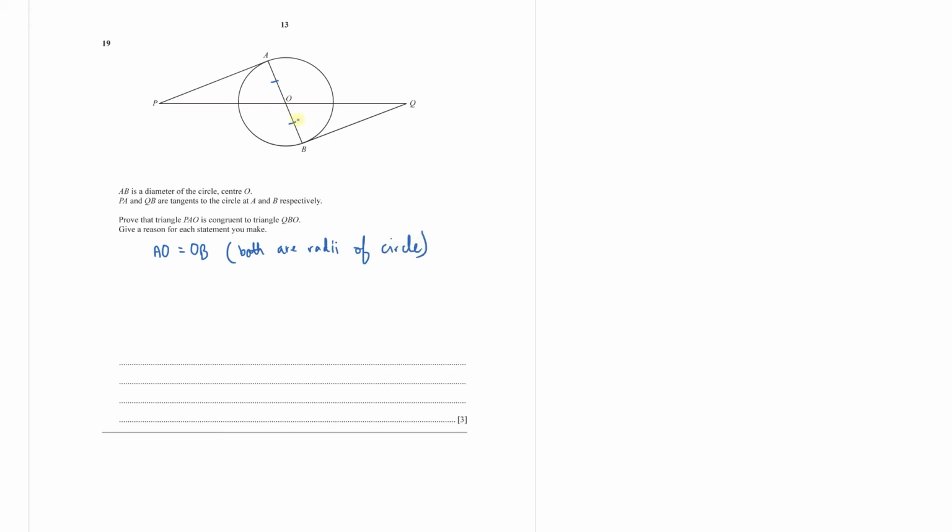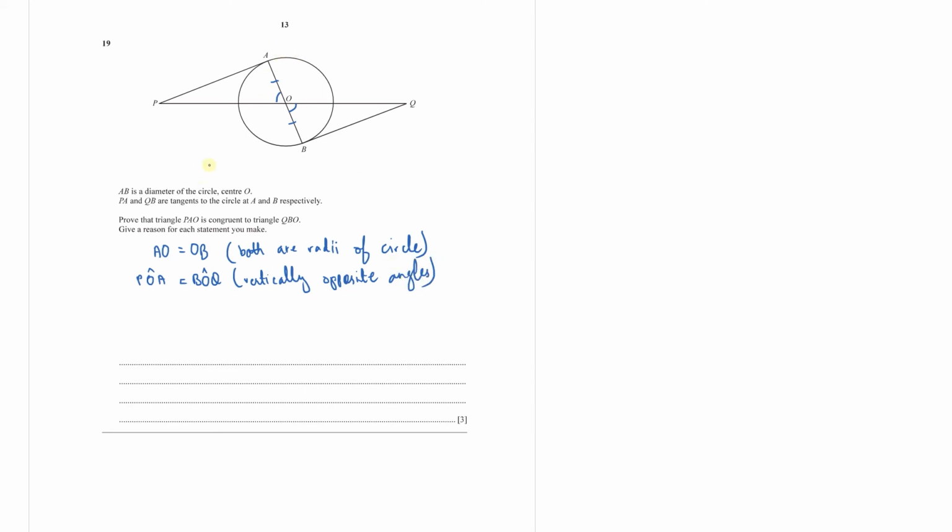Then you can also see that this angle here would be equal to this angle here. So your angle POA would be equal to angle BOQ because they are vertically opposite angles.